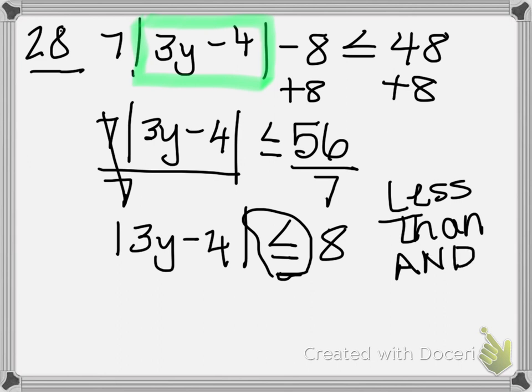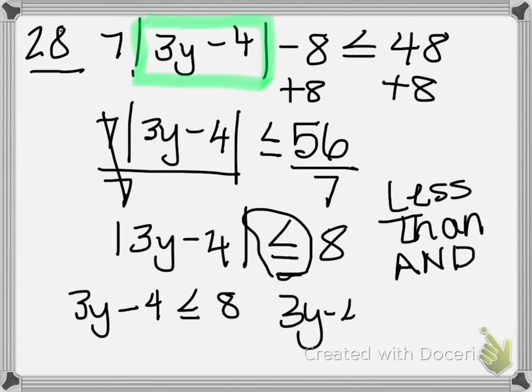So I'm going to have 3y minus 4 less than or equal to 8, and 3y minus 4, and then you reverse the symbol, greater than or equal to negative 8. And because it's an and compound inequality, I can write this together.